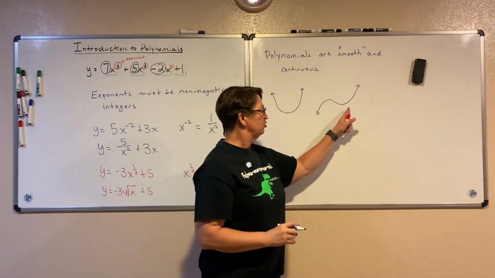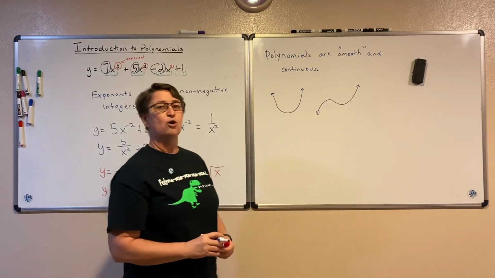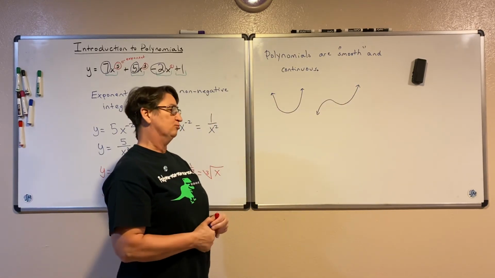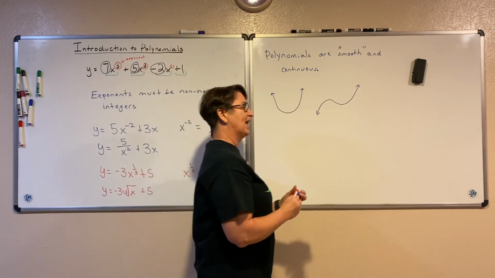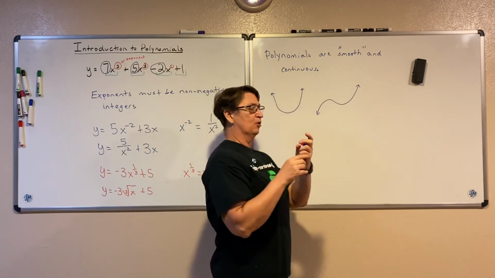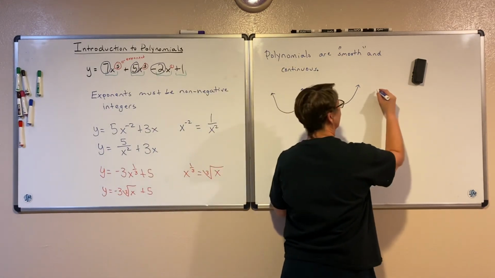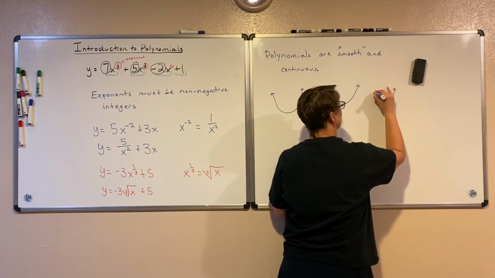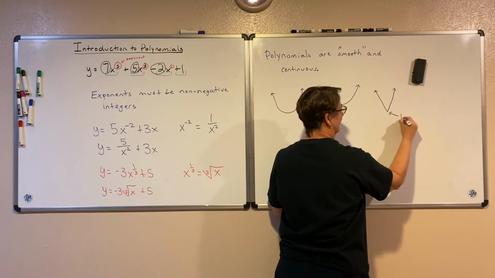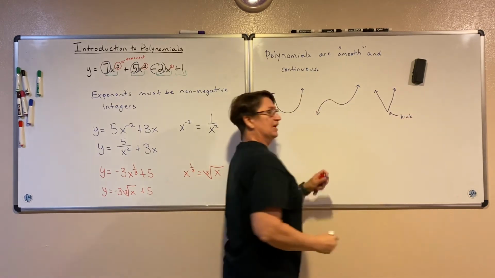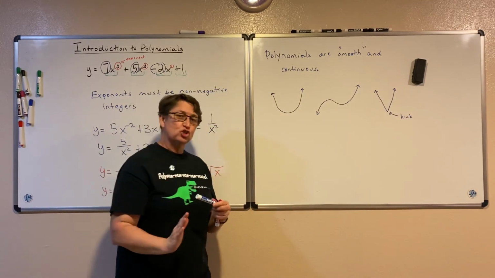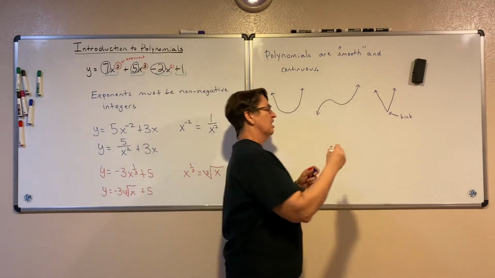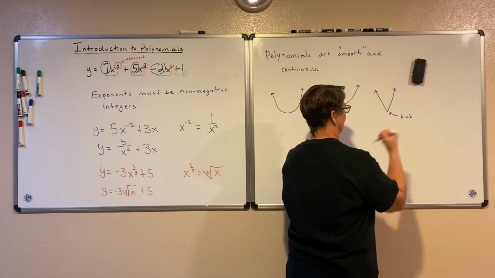It's smooth and continuous. Now, what do I mean by not smooth? Well, sometimes if they have a kink in them or a sharp turn, then they're not smooth. So our absolute value is an example of that. It's not smooth. It has that sharp turn. So this is not a polynomial.